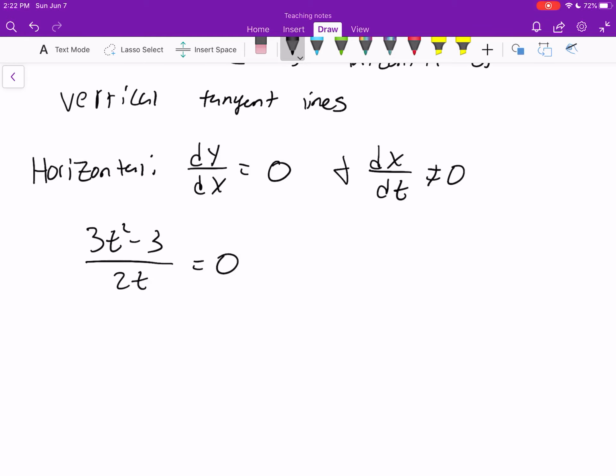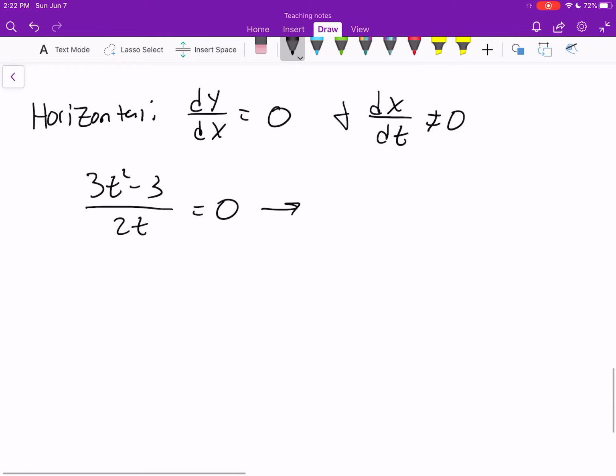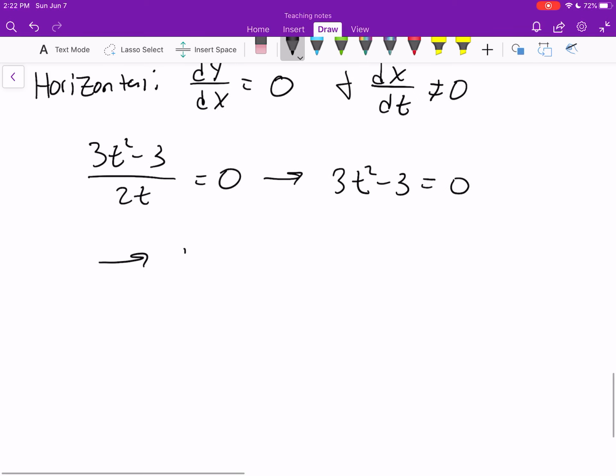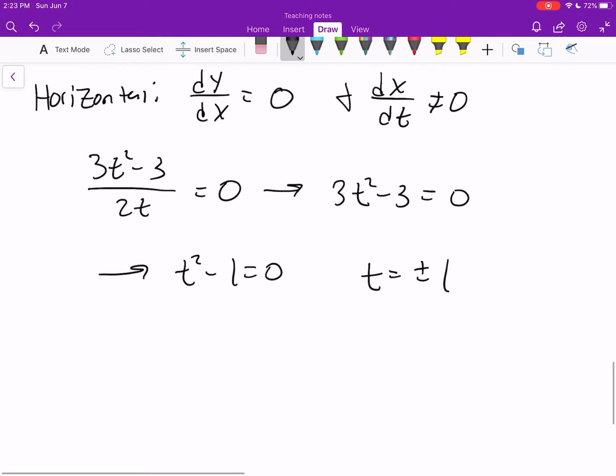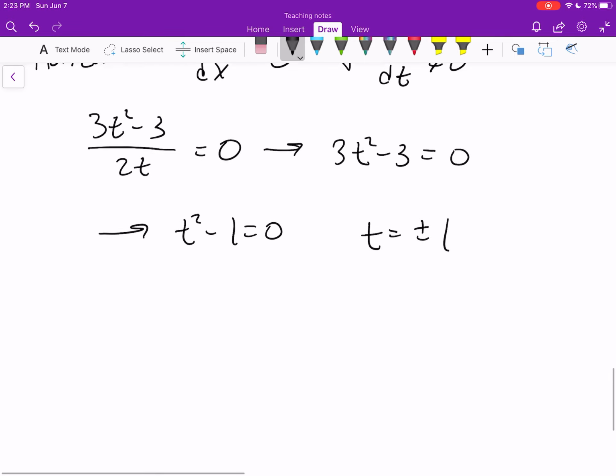If I set that equal to 0, I can see that at t equals 0 the bottom is 0, but the numerator is not going to be 0. So I can just write this as 3t squared minus 3 is equal to 0. If I divide everything by 3, I get t squared minus 1 is equal to 0. This has solution t is equal to plus or minus 1. So I have horizontal tangent lines at t is equal to plus or minus 1.